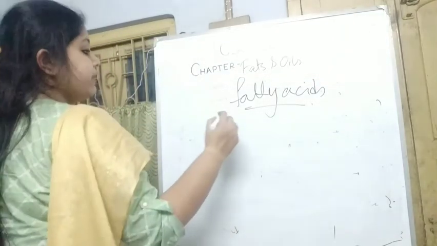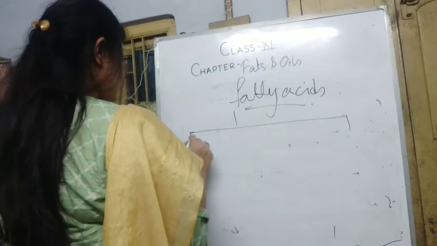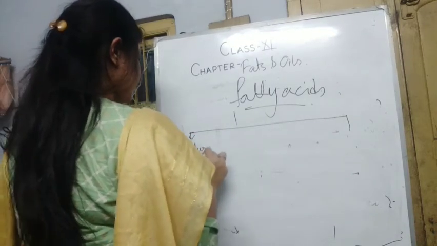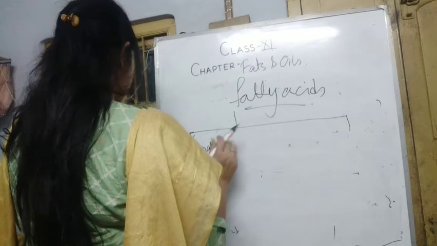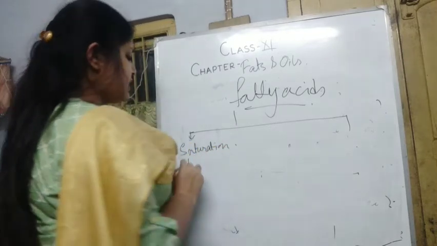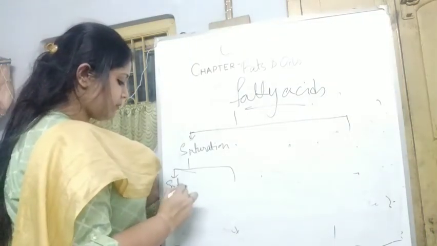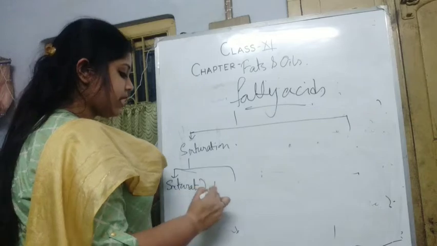The classification of fatty acids is mainly on the basis of saturation. The first is saturated fatty acid, and the second is unsaturated.